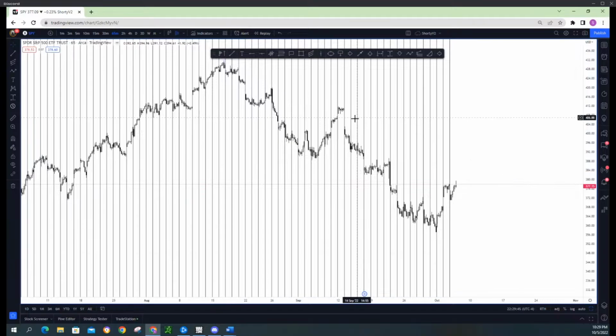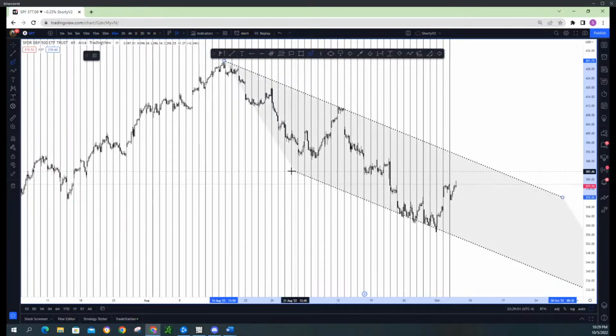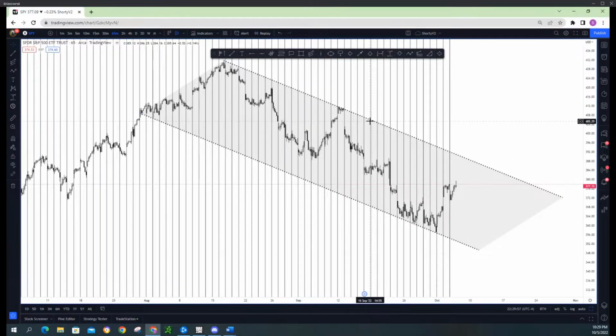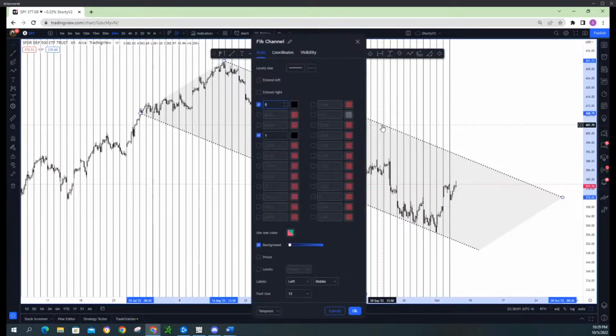So the best way I figured to do this is grab the fib channel, and I'll show you. If I grab this, I can literally just do this right now, and I did the background differently. But here I have a perfect fib channel now, and if I click on it, all you need is 0 and 1 because that's your starting and end point.